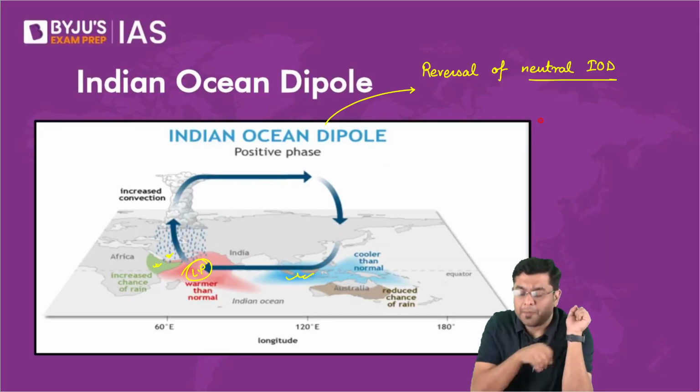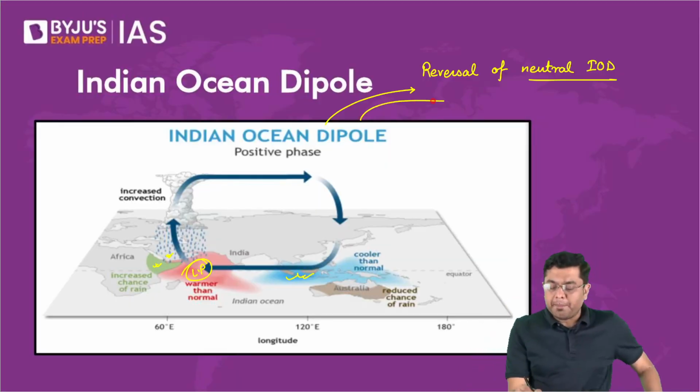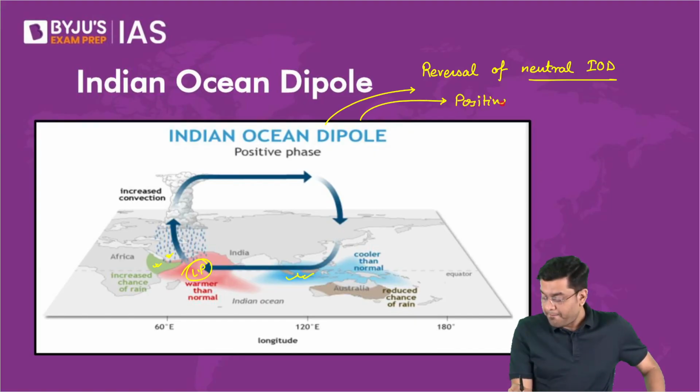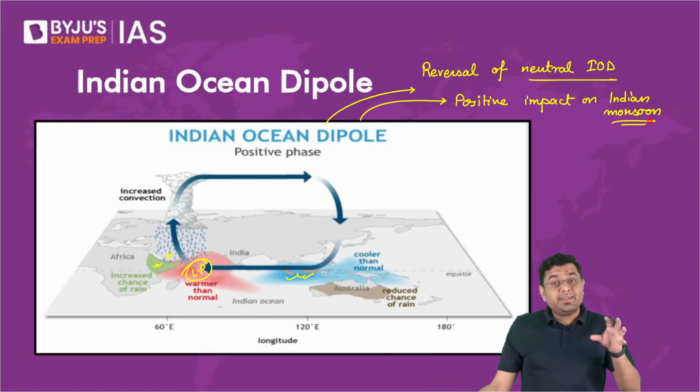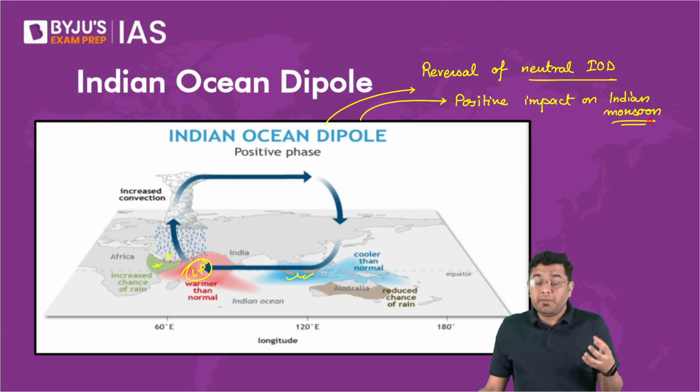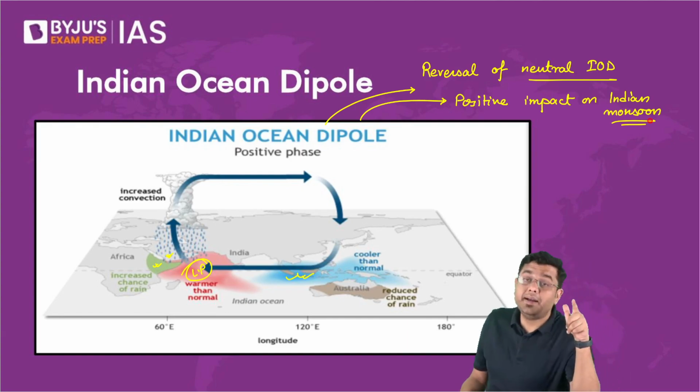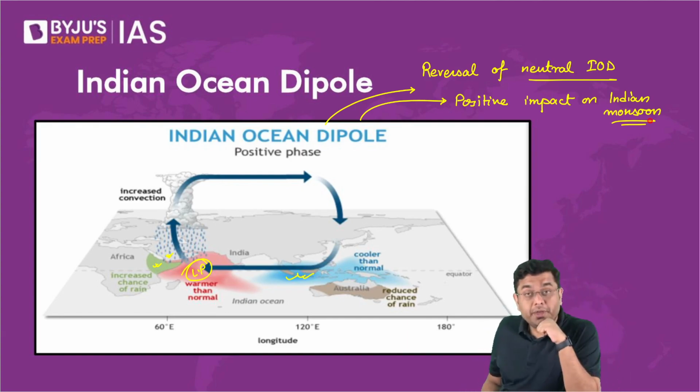Okay. Now, this will have a positive impact on the Indian monsoon. Always understand that this Indian Ocean dipole phenomenon, in the majority of cases, is independent of the ENSO cycles. So it can counteract the impact created by El Nino or La Nina.